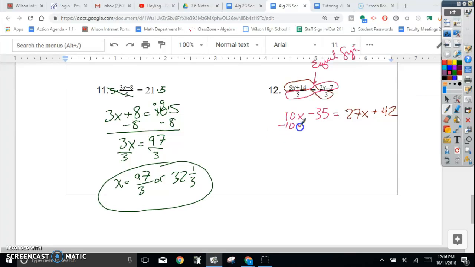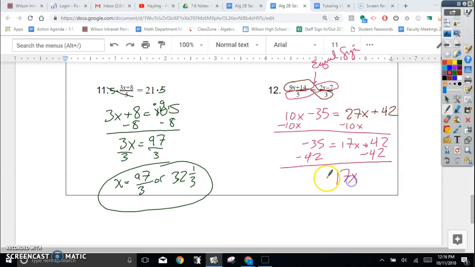I'm going to say 10x is smaller than 27x. Leaves me with negative 35 equals 17x plus 42. I'm now going to subtract 42 over. So 17x is what I have over here. I'm adding these. That's 7 and 7. It's negative. I am now dividing by 17.